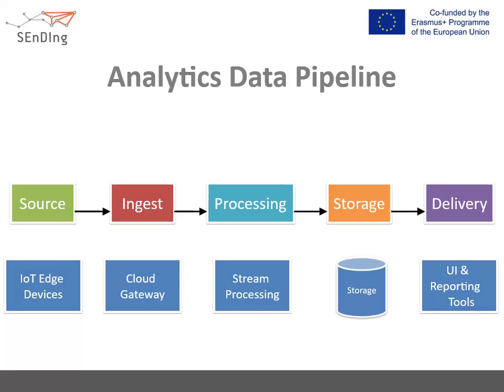The analytics data pipeline forms a basis for understanding any analytics solution. As shown in the figure, the data pipeline consists of 5 major components, which are useful in comprehending and designing any analytics solution. The source is the location from which new raw data is pulled or which pushes new raw data into the pipeline. For example, the edge devices can be seen as data sources.